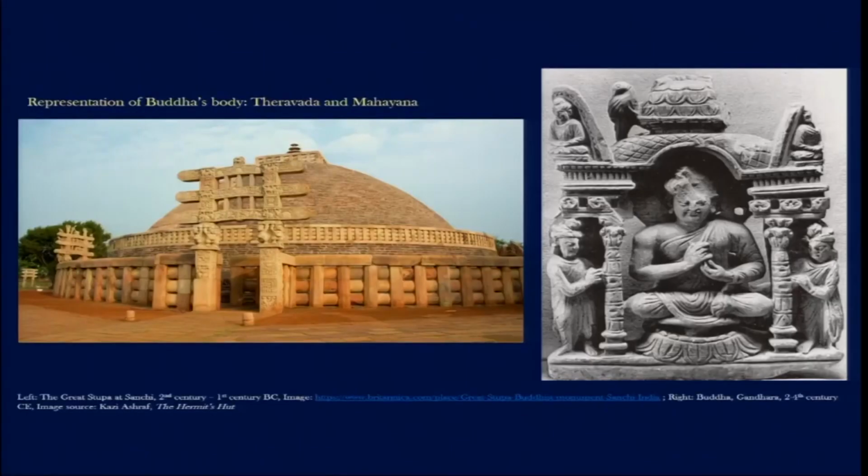In Mahayana Buddhism, for example, the one we have on screen comes from the northwestern frontier of the Indian subcontinent, in today's Pakistan, in the Gandhara region, and this is a Gandhara Buddha that was made somewhere between the 2nd to 4th century AD.